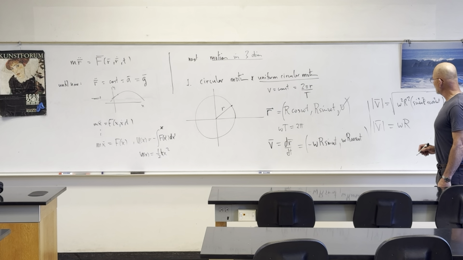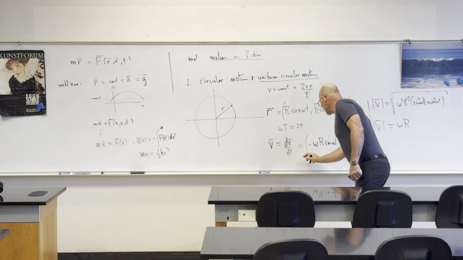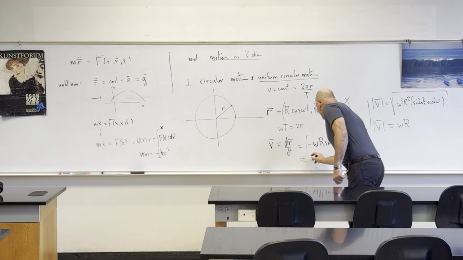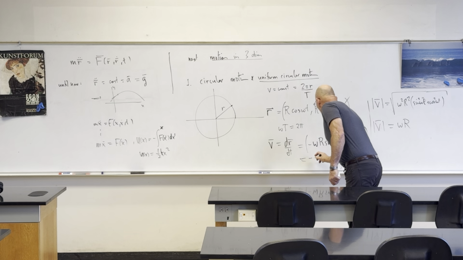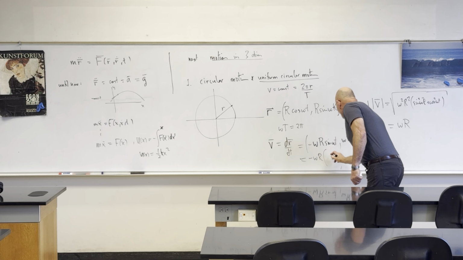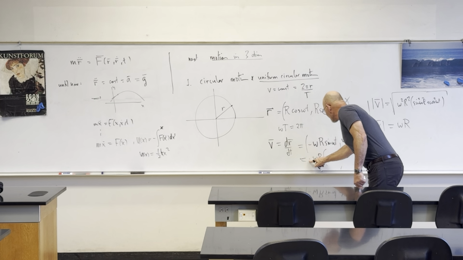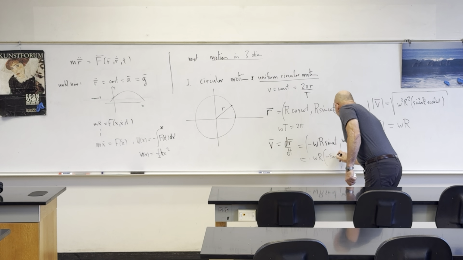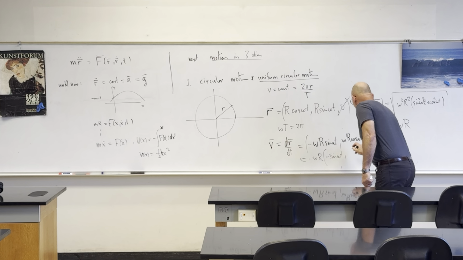And we got to do one more now. We have to do the acceleration as well. But important to see, I'll go ahead and put this here. You've got omega R, sorry, minus sine omega t, cos omega t.